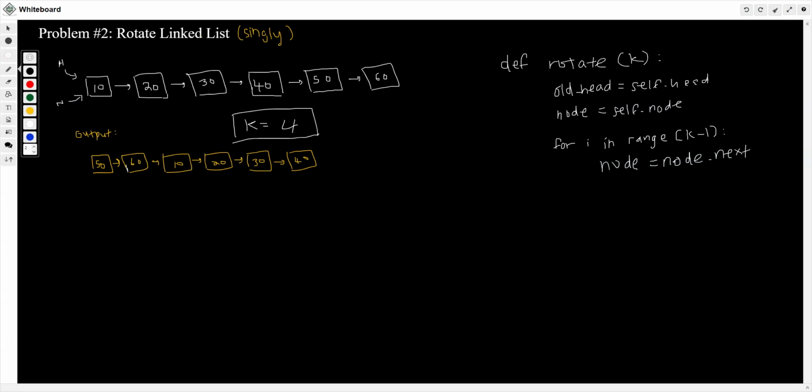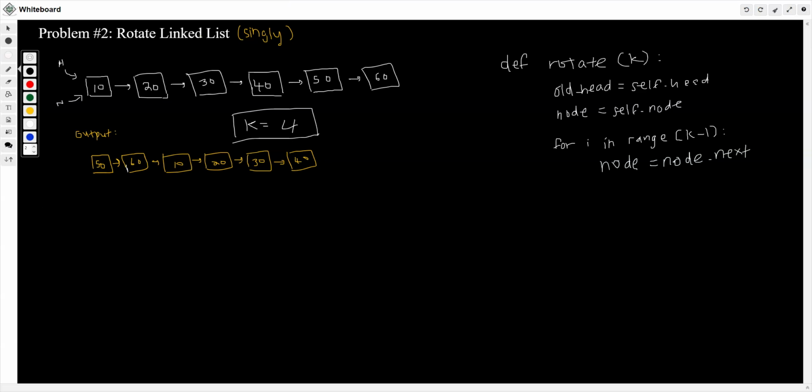And when we get to this 40 right here, that's where the action happens.